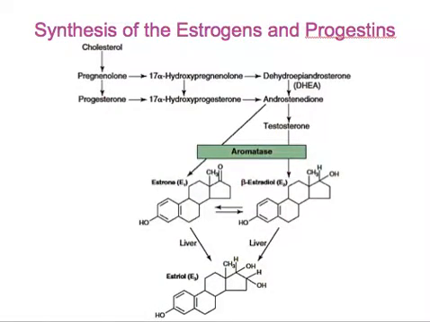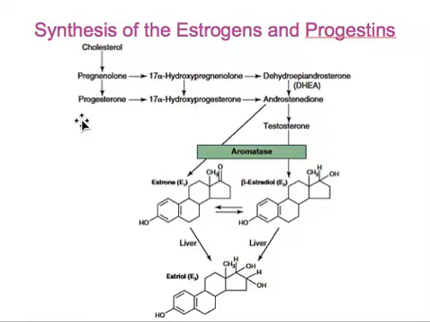So again, to review the synthesis of your estrogen and progestin, particularly your progesterone. The main substrate would be your cholesterol, and the cholesterol will be acted upon by STAR to help its entry in the inner mitochondrial membrane, and your cholesterol desmolase, the second rate limiting enzyme in ovarian steroidogenesis, will convert your cholesterol to your pregnenolone, and your pregnenolone will be converted to your progesterone.